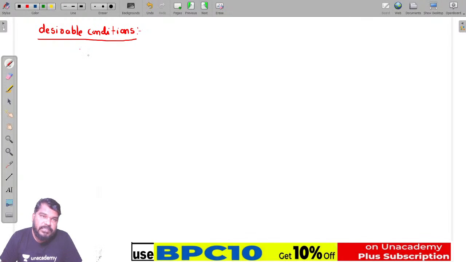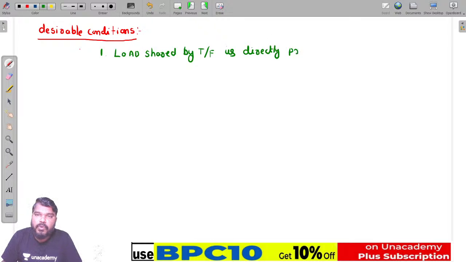The load shared by the transformer is directly proportional to its kVA rating.